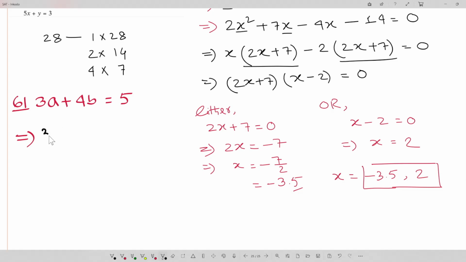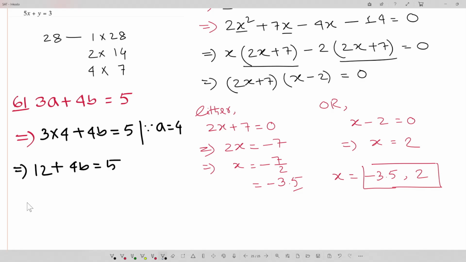So 3 times 4 + 4b = 5. We can write a subnote, which is a = 4. Then 3 times 4 is 12, and 4b = 5.